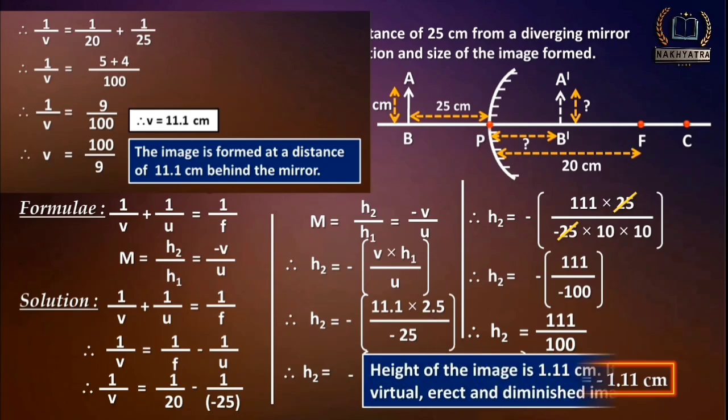The nature is virtual and erect, and the size is smaller than the object, because the object height was 2.5 cm and the image height is 1.11 cm, so obviously it is diminished. So this was an easy question, right?